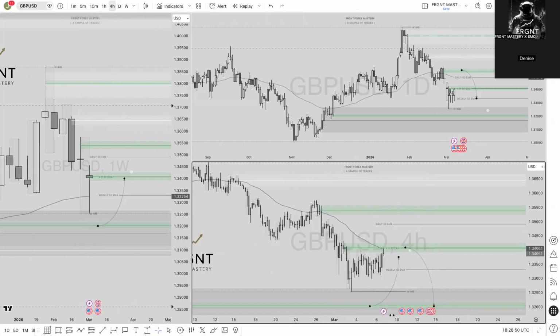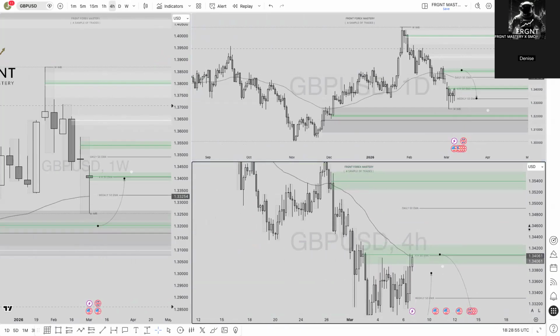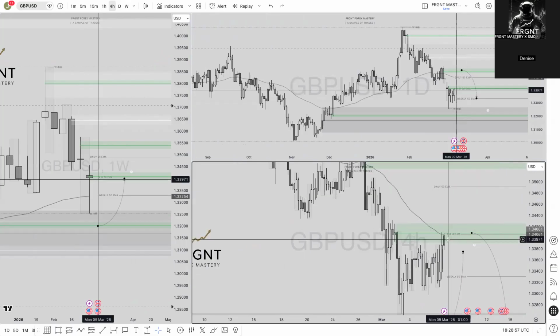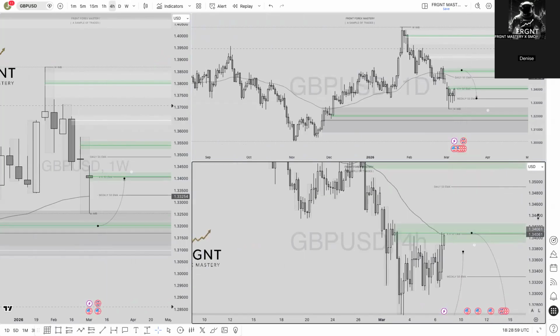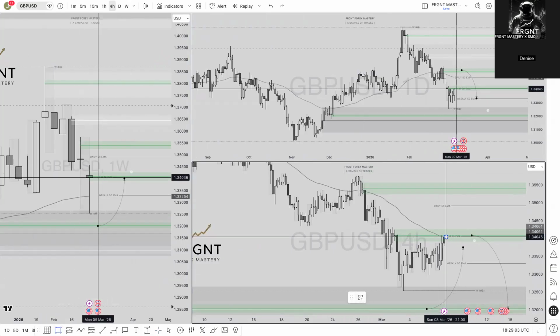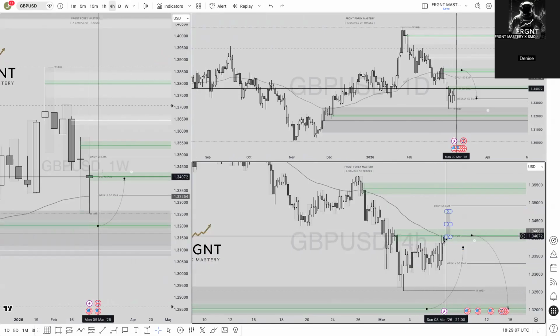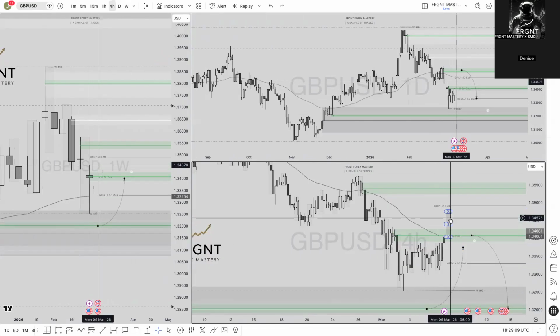The most recent candle looks to be bullish in towards it, but still we use the facts. The fact of the matter is price has still not closed above that 4-hour 50 MA. Until price closes above that 4-hour 50 MA, I must respect that if I'm taking the short from here, that remains my target and or management position in the market.